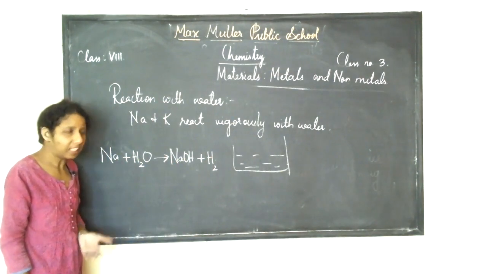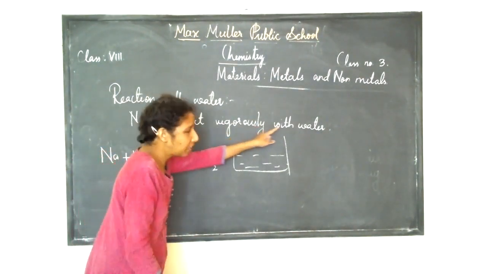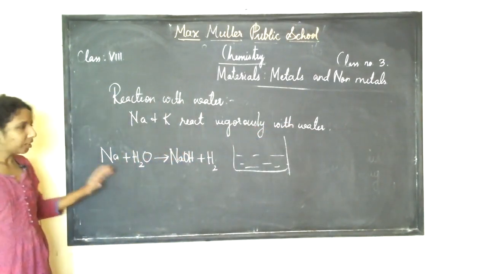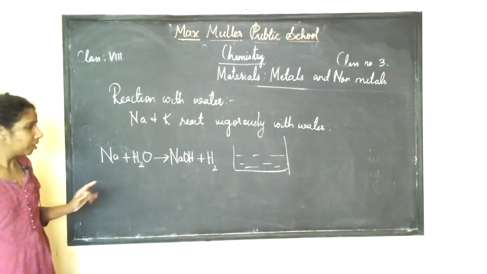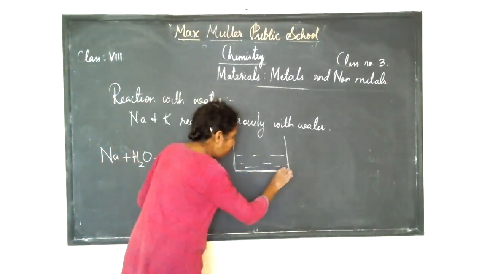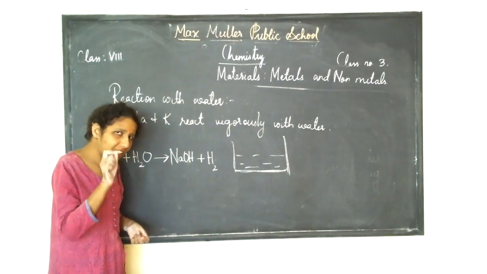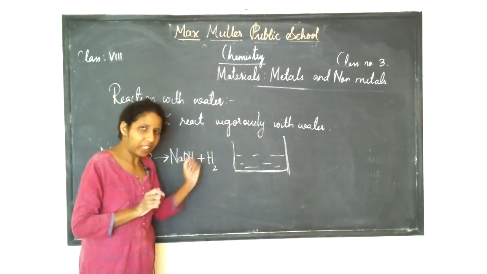Did you people understand? Therefore, we say sodium reacts vigorously with water. Understood? First we take the example of sodium, then we come to the example of potassium. Listen here carefully what you are going to do. You are going to take water in a trough and add a very small grain sized sodium into it.